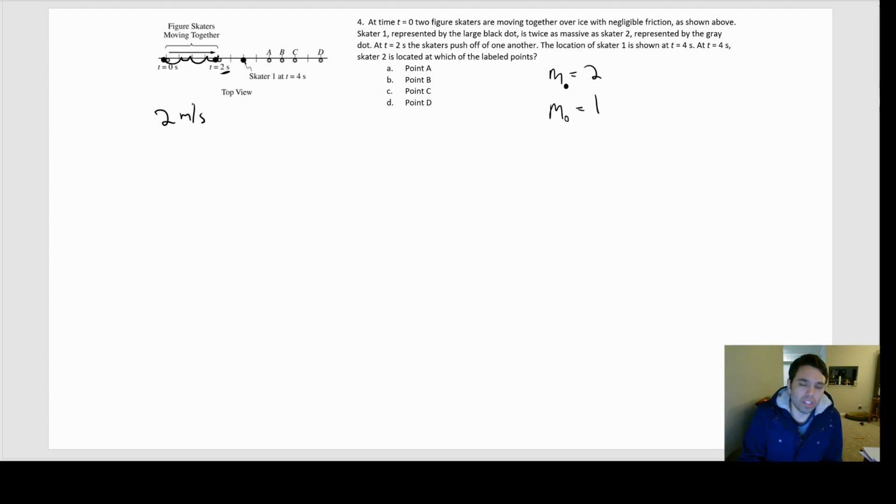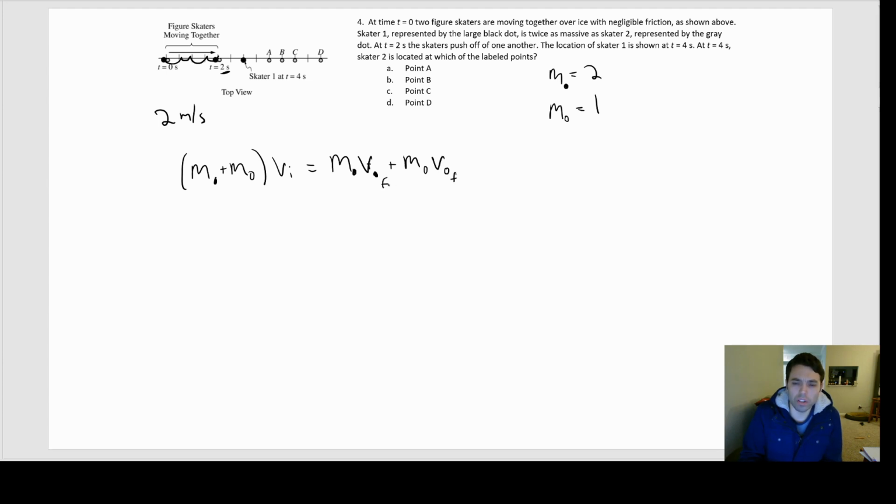If I go 4 meters in 2 seconds, I'm going 2 meters per second. So the initial velocity of this skater is 2 meters a second, and if I assume that the distance is 1 meter apart, I've got an equation now. My combined masses of the 2 skaters added up, the black dot plus the gray dot, times their initial velocity of 2, is going to equal the mass of the black dot times velocity of the black dot plus the mass of the gray dot times velocity of the gray dot after the collision, right?